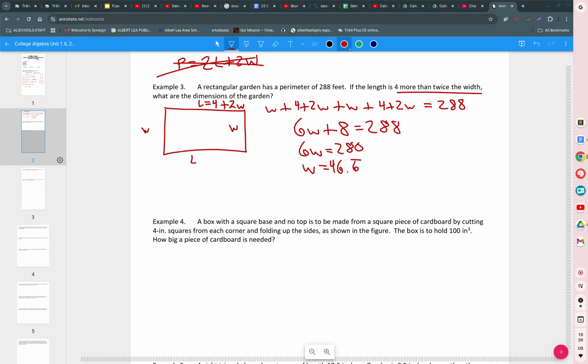Have I answered the question? No. I have a dimension. I need the dimensions, so I need the length as well. How could we find the length? Add 4. Yeah, it says the length is 4 more than twice the width. So we're going to double the width and then add 4 to it.